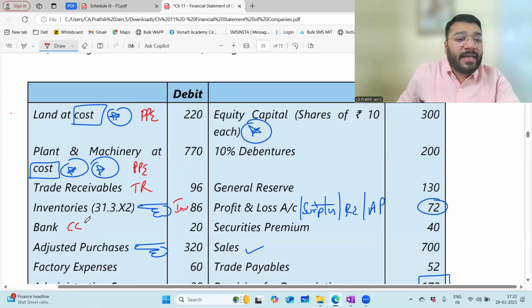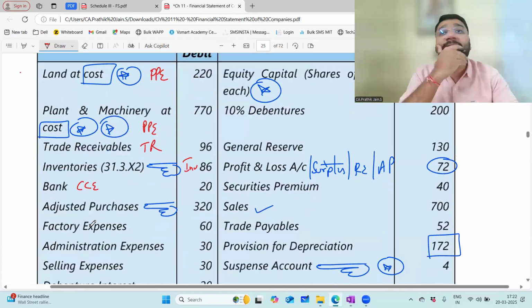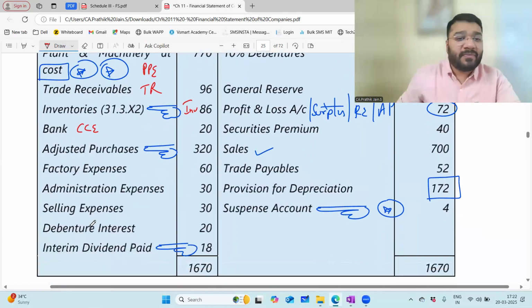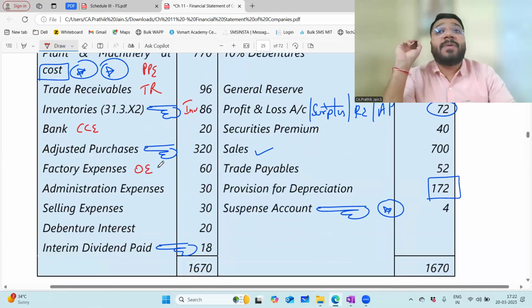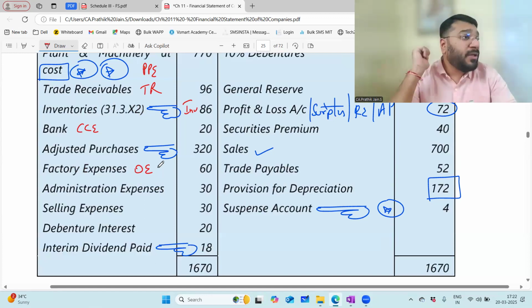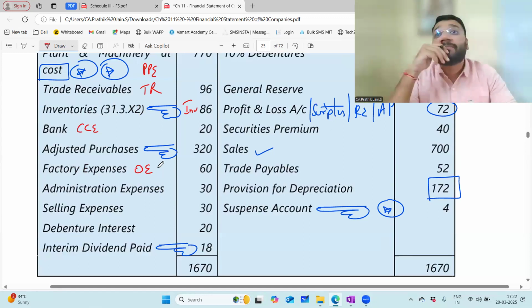Bank, cash and cash equivalent. Adjusted purchase. Adjusted purchase will hold, sir. No, I'll have to explain here. Factory expenses, other expenses. Yes, factory expenses means my question goes to all of you. This company, can I assume, not assume, very clearly it is given that they have a factory and they have factory expenses. So can I say they are into manufacturing?